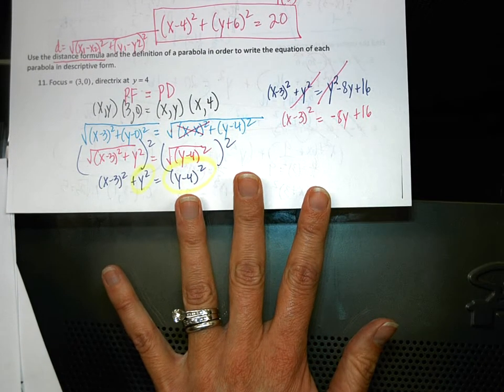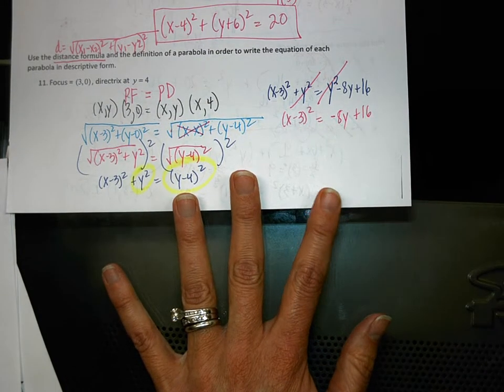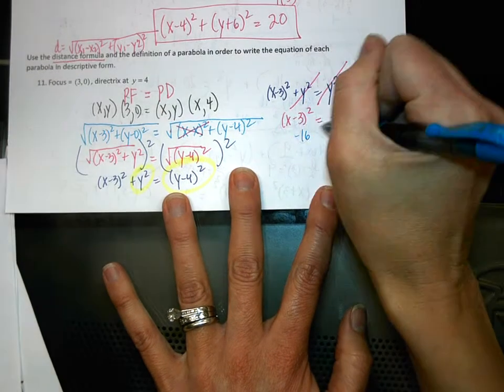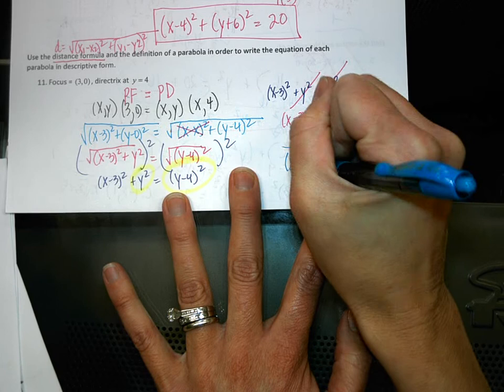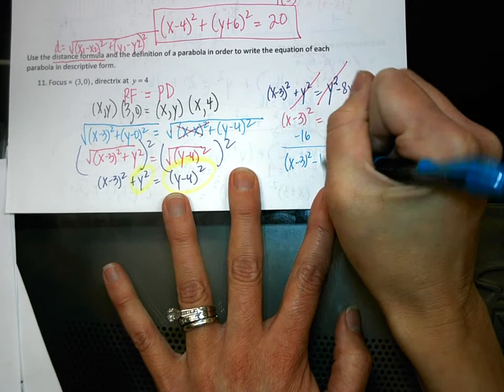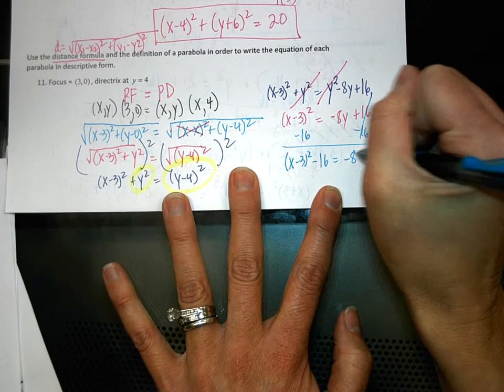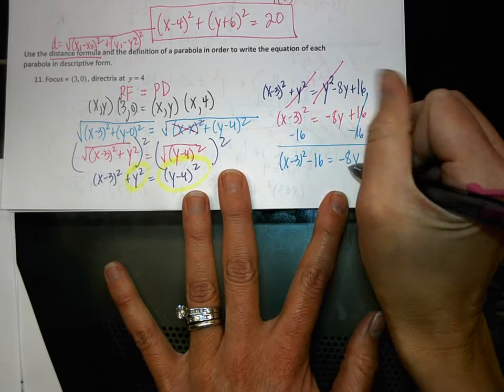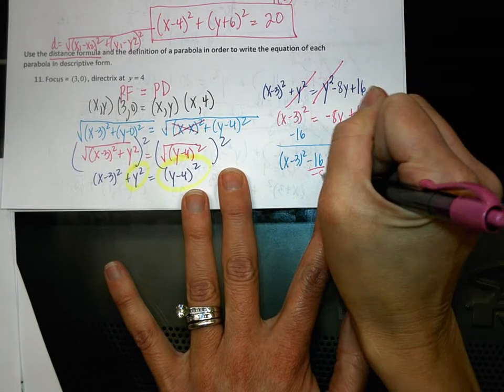We want to get y by itself, so I will subtract 16 from both sides. I have (x minus 3) squared minus 16 equals negative 8y. And the last thing I would do to get y by itself is divide by negative 8 every single term.